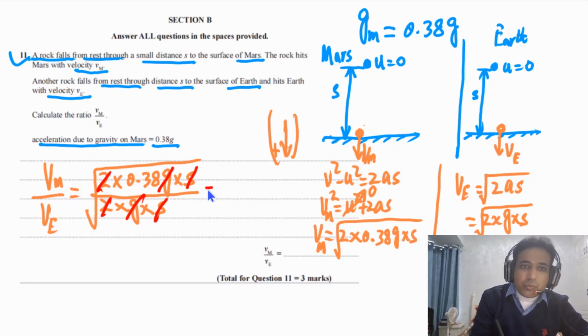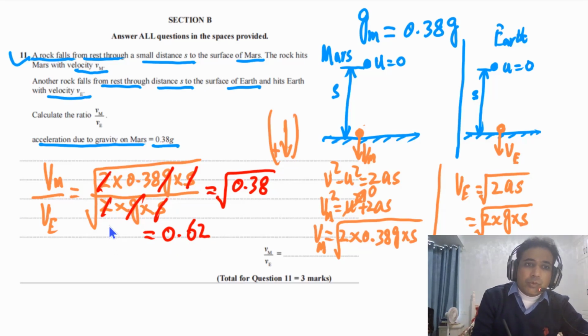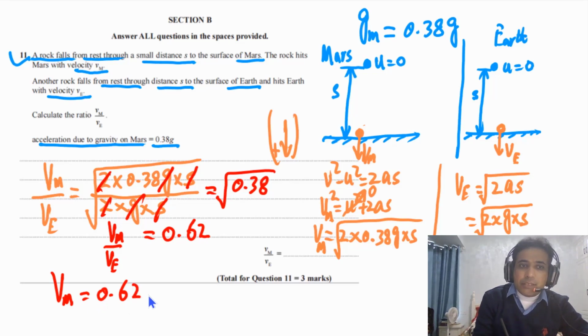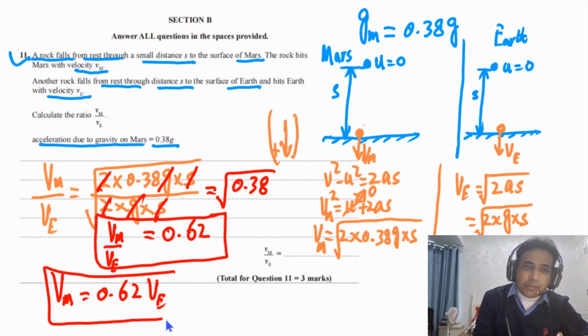So if we take the square root of 0.38, we will get about 0.62. So this is the ratio between vm and ve. It means vm is slower, and is about 0.62 of ve. For the answer of this question, this is the answer. But you can compare how fast ve is.